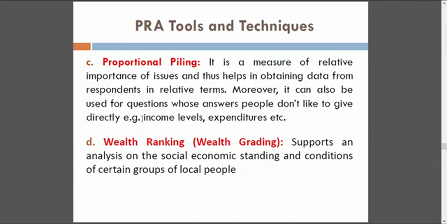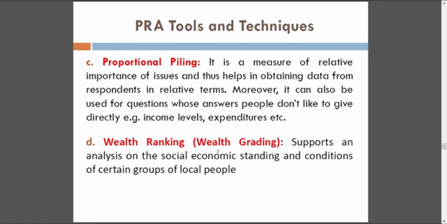You realize when you have a questionnaire and you ask someone how much they earn, it might be a little bit hard for them to respond to. But you can use other tactics. You can use maybe ranks or categories, and it will be easier for people to answer. So it is a measure of relative importance of issues, and that it helps obtain data from respondents in relative terms.